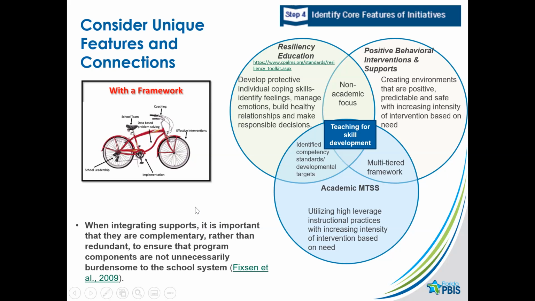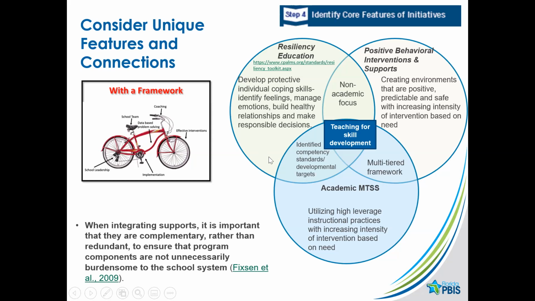So if I am on a district team who's doing some planning or collaborating, we're already in theory looking at the integration and alignment of behavioral MTSS with academic MTSS in the Venn diagram. Here, we're going to add on resiliency education as another initiative that we're looking at integrating and aligning.